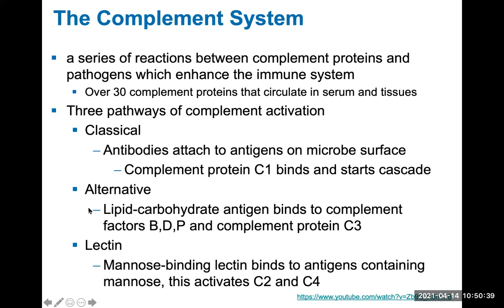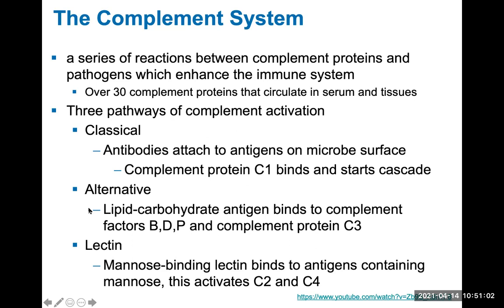All three of these pathways, though they are initiated in a different mechanism, eventually get to the same step of splitting the protein called C3, and that is what will lead to the effects of the complement system.